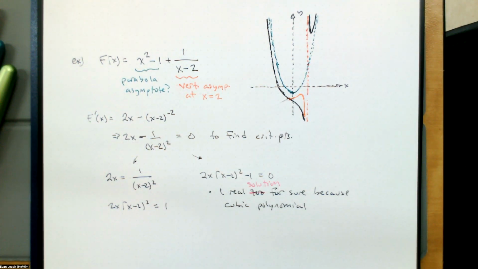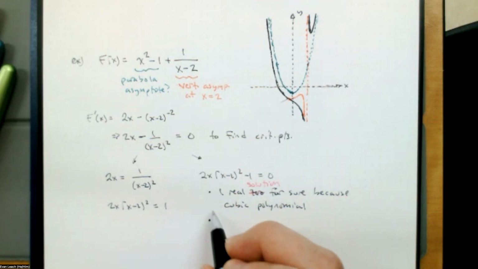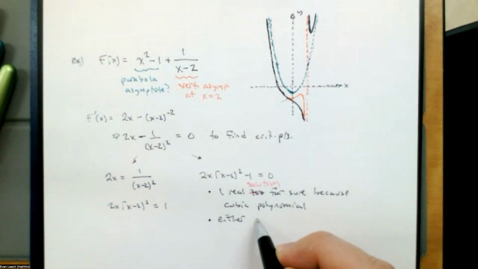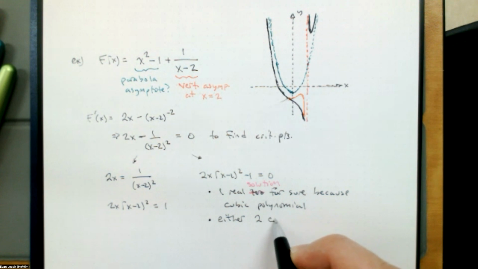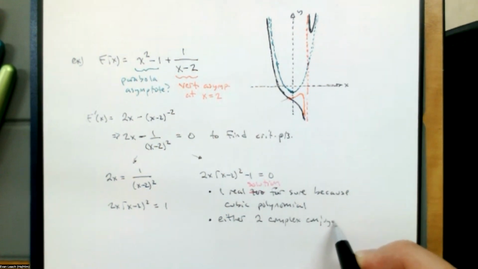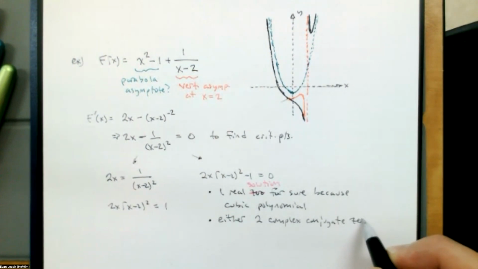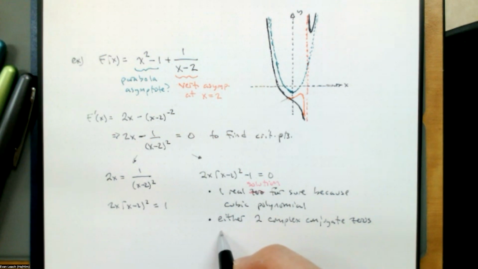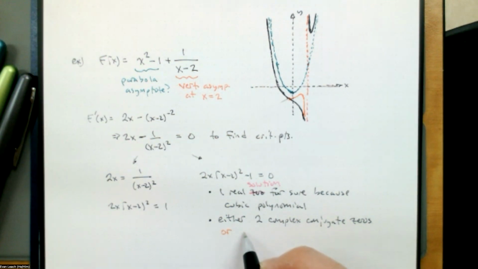There's 1 real solution for sure because we have a cubic polynomial. The question is about the other 2. The possibilities now are either two complex conjugate zeros or 2 more real zeros.